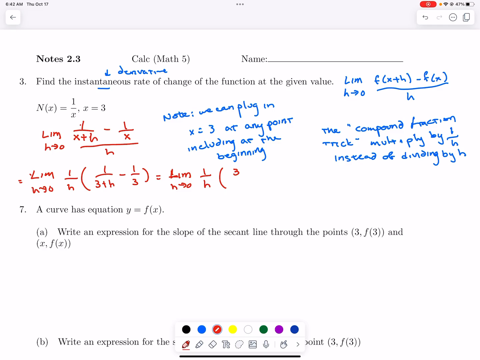Multiply the first fraction by 3 and the second fraction by 3 plus h, and subtract properly. Distribute properly. And notice you have a negative h, not an h.